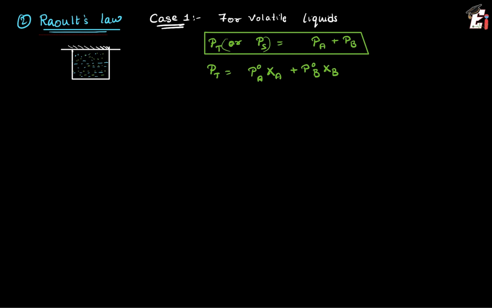Pure means when you have the substance not having any vapor, that time what is the pressure? If you multiply that with mole fraction, you are going to get the vapor pressure.